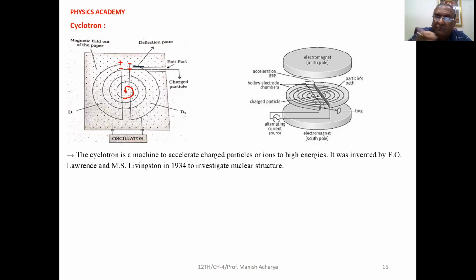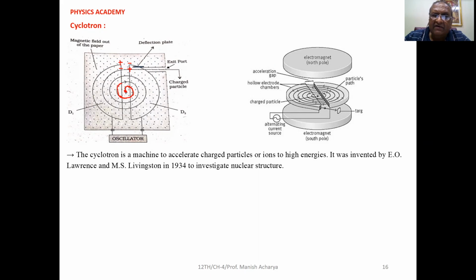So again, when it completes the half revolution, force acts on it. Again, its momentum increases, so the radius also increases. Inside the opposite D, again, it executes the motion on the circular path with increased radius.